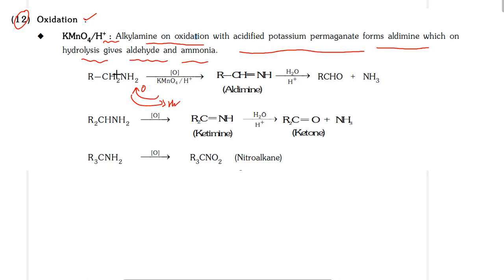So here two hydrogens left. This hydrogen and hydrogen, dehydrogenation happened. So aldimine formed, just like aldehyde with a double bond. NH2 is the amine. NH double bond is called imine. Right? Aldehyde plus imine is there. Aldimine. This name is aldehyde plus imine, or aldimine.